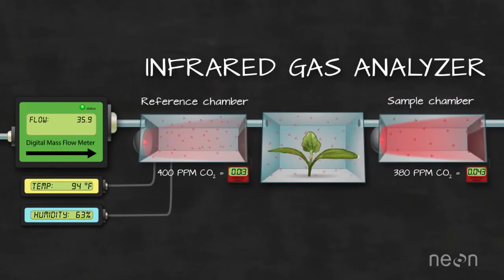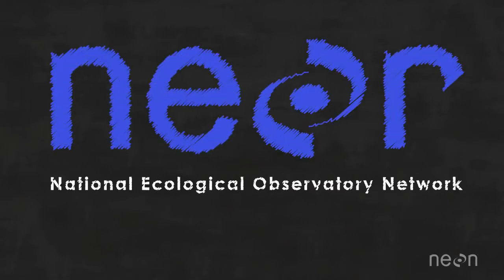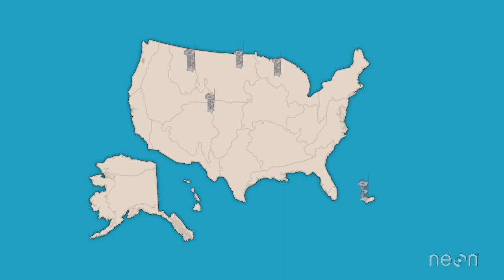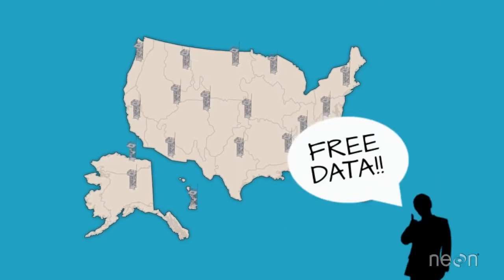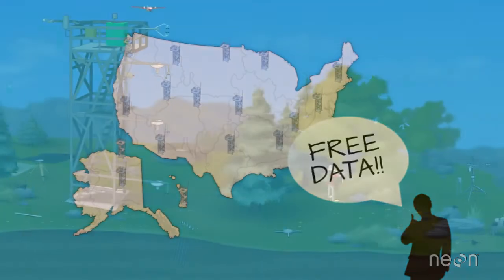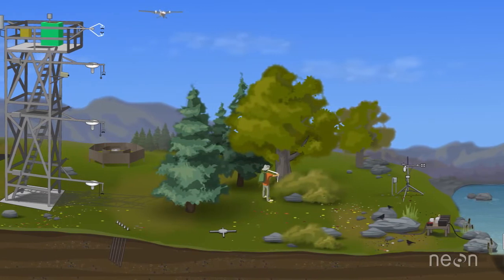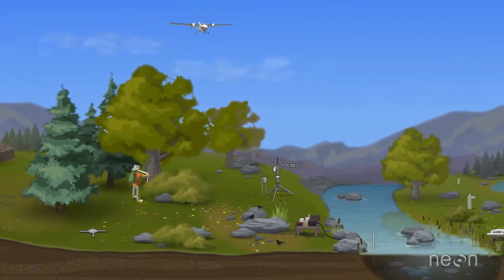These measurements can also be combined with other techniques that measure and estimate carbon over large areas. For example, the National Ecological Observatory Network, or the NEON project, uses an infrared gas analyzer installed on its towers across the United States to measure carbon in the atmosphere. NEON will also be combining this atmospheric carbon data with airborne remote sensing to model carbon across entire forests and over larger landscapes.